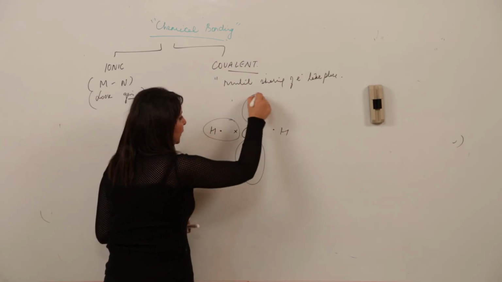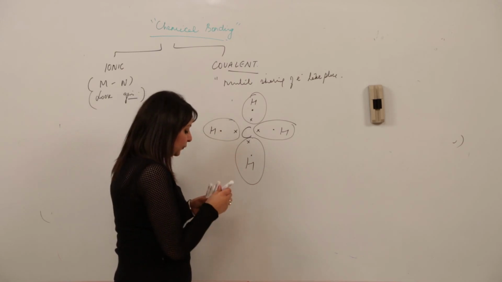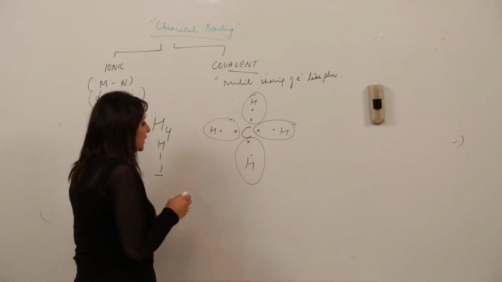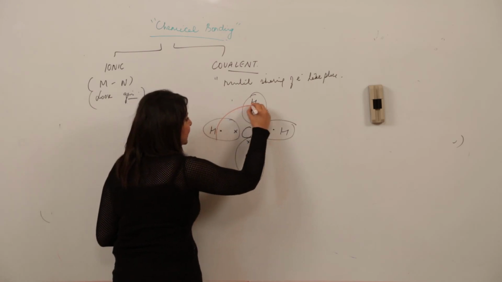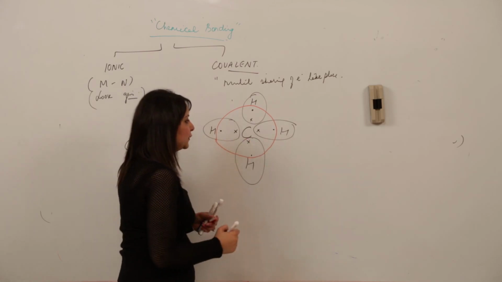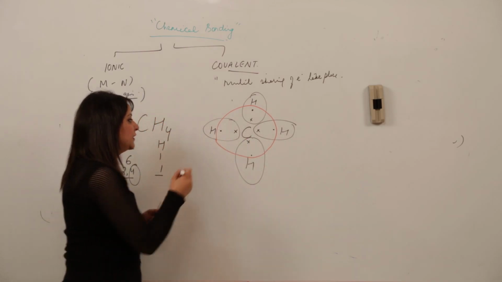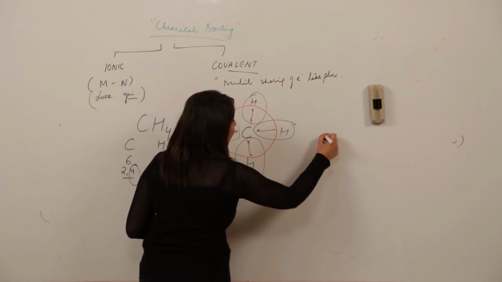Similarly this, and similarly this. Now all hydrogens are stable. Now how will carbon become stable? It already has its own 4 and it will accept those 4 ones of hydrogen as well. So this is the bond formation. See, single bond, single bond, single bond, single bond. So this is the geometry of CH4.